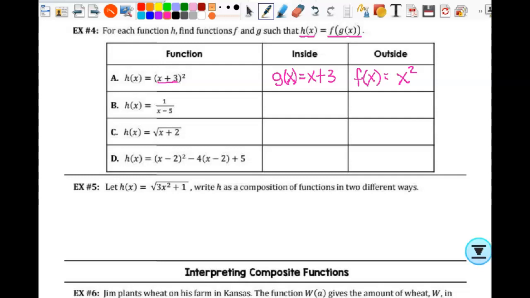So the easiest way to do it is if you can make the outside a parent function of some sort, then you can go that way, right? So let's look at B. What do you think the inside would be? X minus 5. And if that's the case, then what would f of x be? 1 over x, good, which is also a parent function.